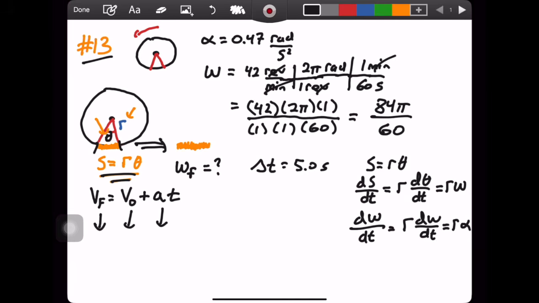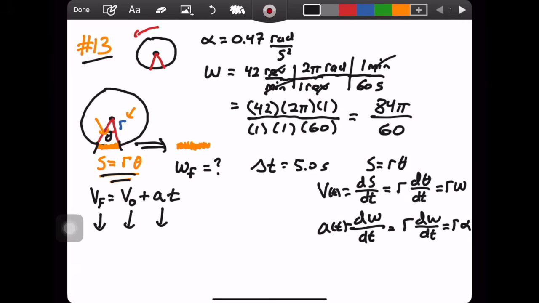So do you see how for linear displacement we have r theta, ds dt, because s is just a linear distance, that's velocity, and similarly d omega dt is a linear acceleration. And so we have now a legend where we can think of linear displacement as r theta, linear velocity is r omega, linear acceleration is r alpha.